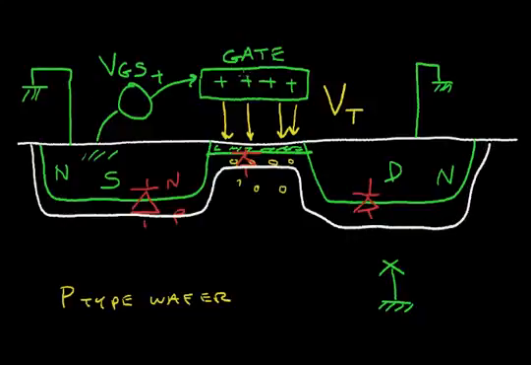So as we increase the gate voltage, we make this electric field stronger. And what we do is we shove this N region down further. And of course our depletion region extends down further. So as we apply more gate voltage, this channel region becomes thicker.